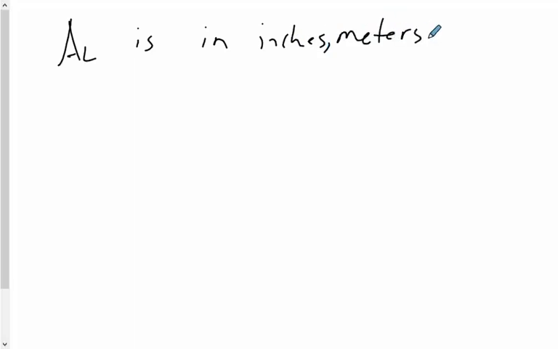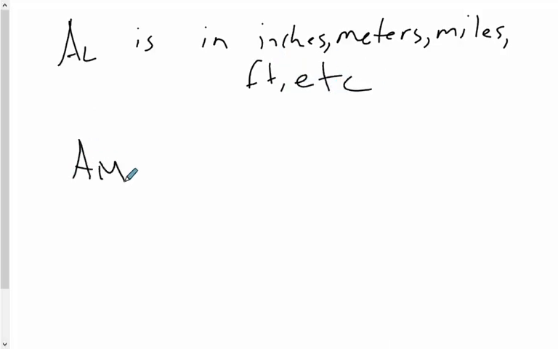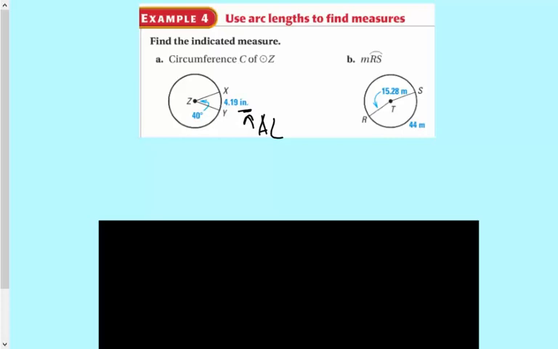So maybe I'll put that AL is in inches, meters, miles, feet, etc. Arc measure is in degrees. And you need to know this as a student. When I say arc measure, it's in degrees. Arc length has some sort of unit.